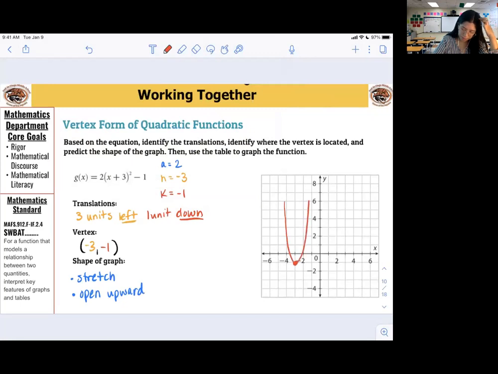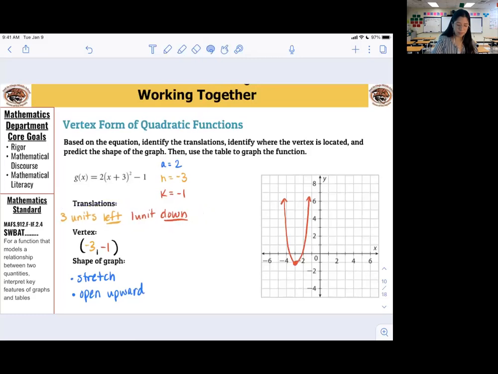Just like that. Almost everyone got 100% right on all of these parts. Do I have any remaining questions on how to identify all of those different transformations? Not too bad, right? Once you get the hang of it, it gets easier and easier.